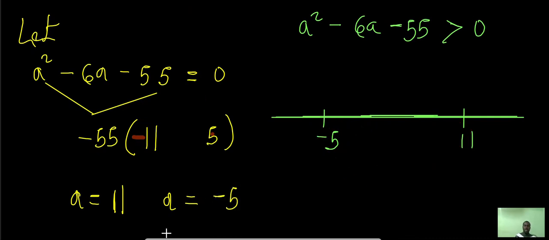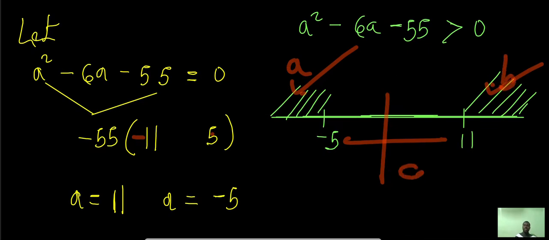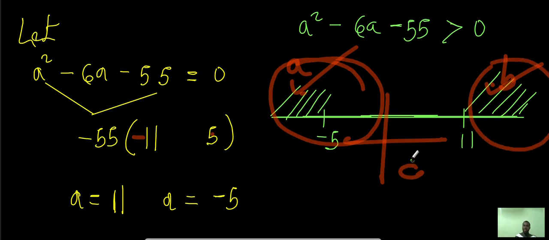Or if you carry out your test, the answer can either be here or here also. So in most instances, if an answer satisfies this region, it also satisfies this region. If it satisfies this and this region, it will not satisfy the middle region. So possible answers are either A and B or just C.